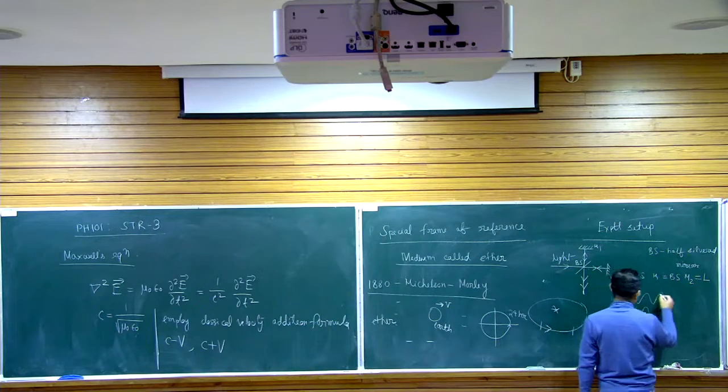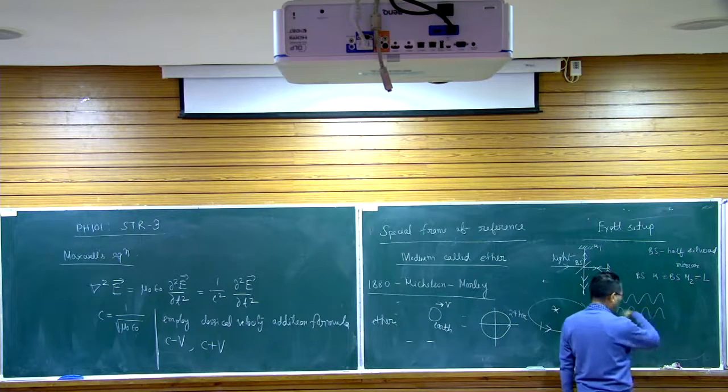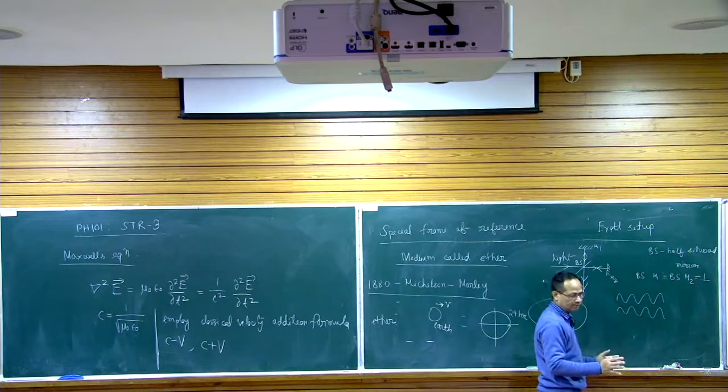Means if there is an amplitude maximum of one wave, that amplitude maximum will be meeting with another amplitude maximum of the other wave. So the two waves will be meeting with a zero phase difference.